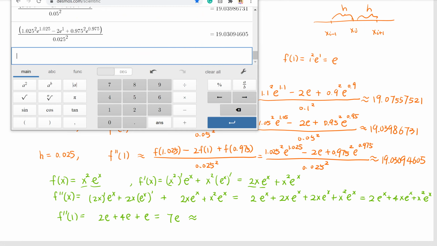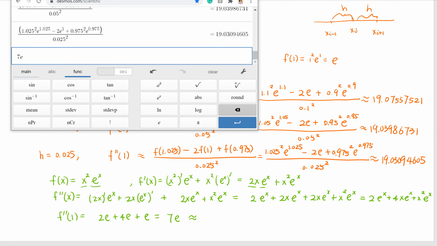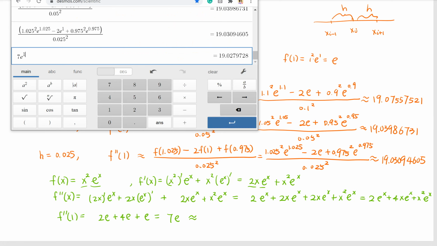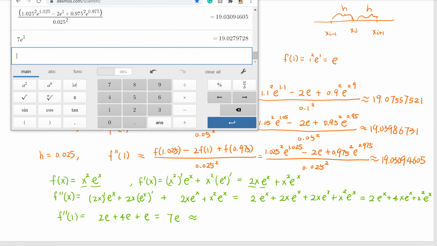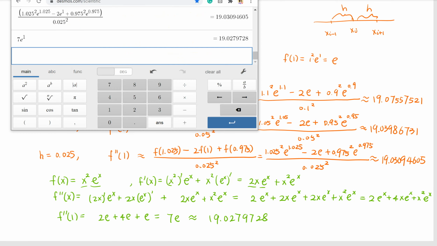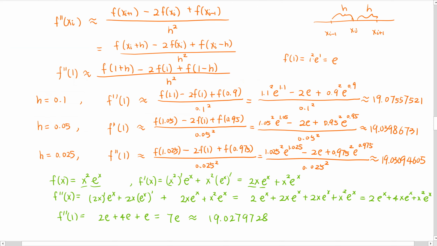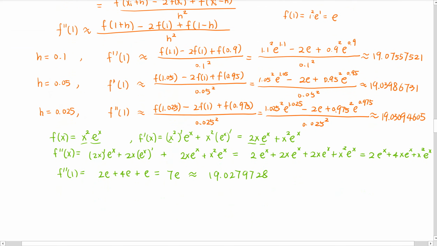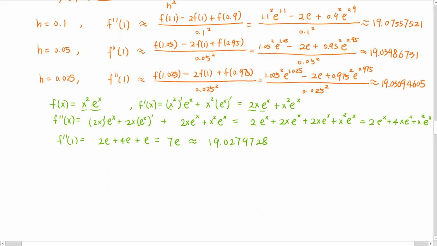Okay, let's see. Calculator 7e. 19.0279728. Do I miss something? Let me see. Okay, 19.0279728. Yay, that's right. Okay, now, so this is our true value. And then now we want to compute the absolute error of each approximation. So absolute error.